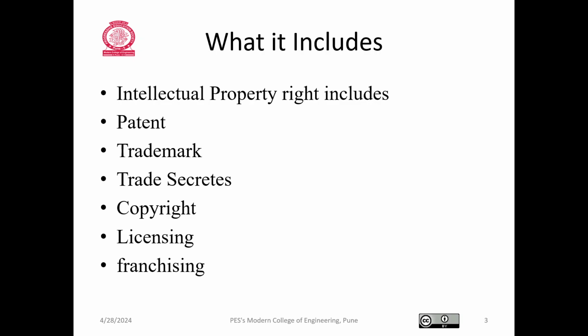Licensing means using the work of a licensor. The licensor is the first party that has the right of IPR. Whatever rights there are, they provide those rights to the licensee, and in terms of money the licensee pays the licensor.